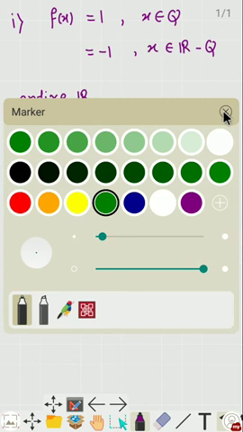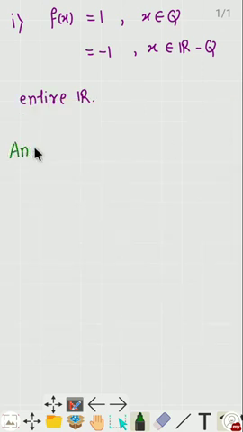So we write the answer for this question. We know that this function is nowhere continuous. This function is not continuous at a single point in R. Therefore, this function is not differentiable. Not continuous implies not differentiable.